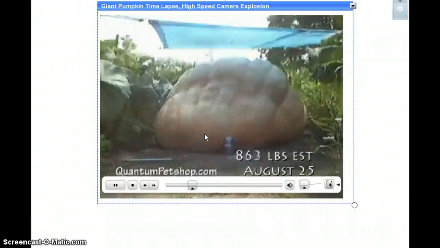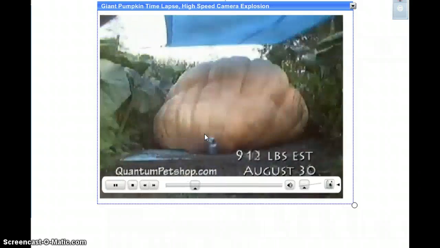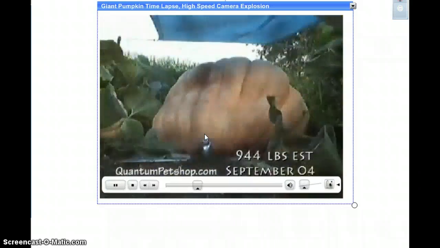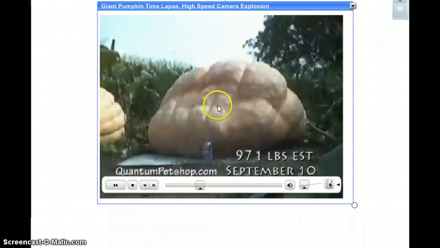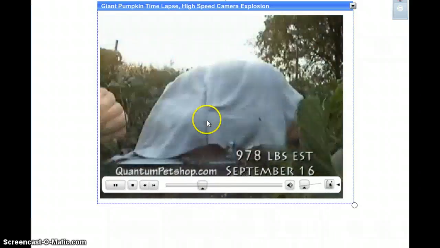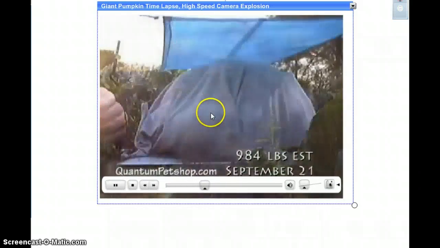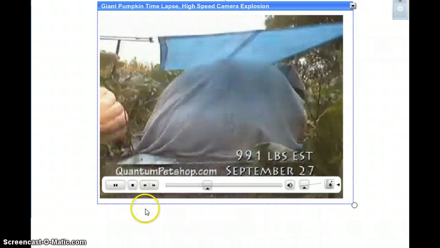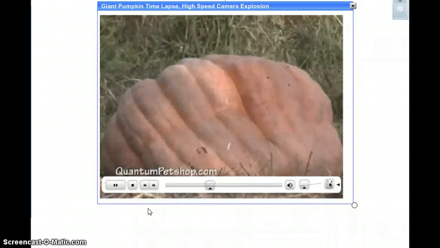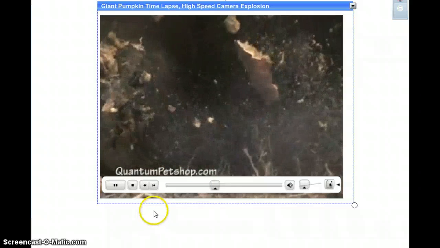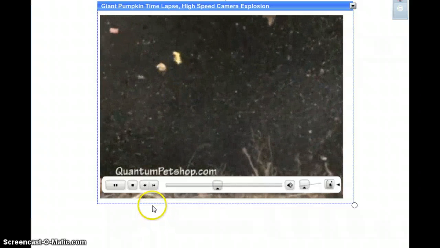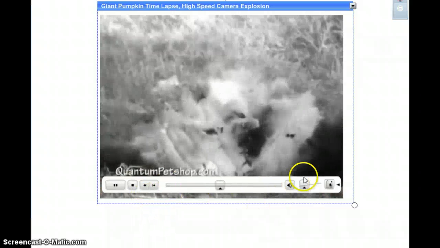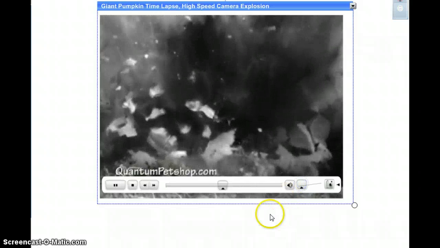And so matter is just changing forms here. It's not that more matter is being added. The matter that was the water, the soil, or the plant nutrients is just now changing into a plant. And even if it explodes like that, if we took all of those pieces back, it would still be the same amount of matter.